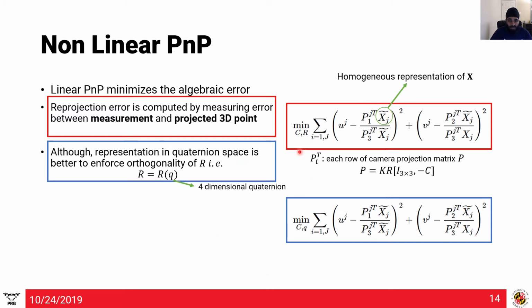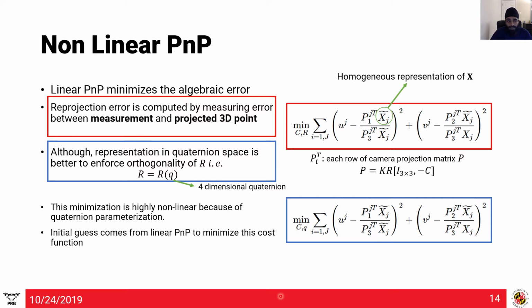So I'm converting my rotations to quaternions and I get the same equation, but I'm minimizing over C and Q rather than C and R, where Q is a 4-dimensional quaternion. This minimization is highly nonlinear because of the quaternion parameterization.